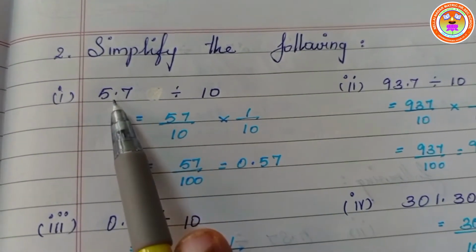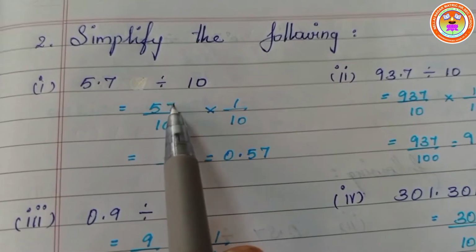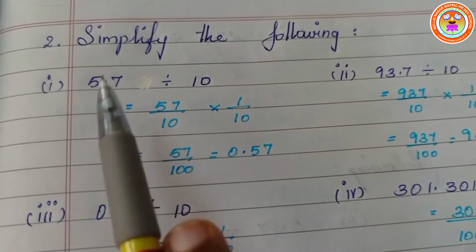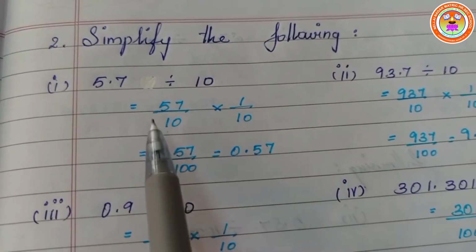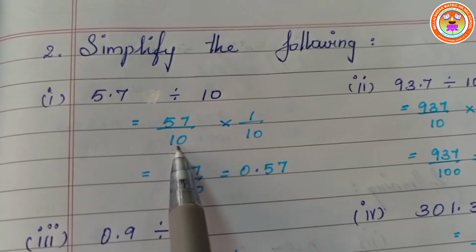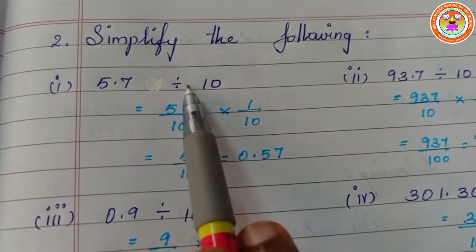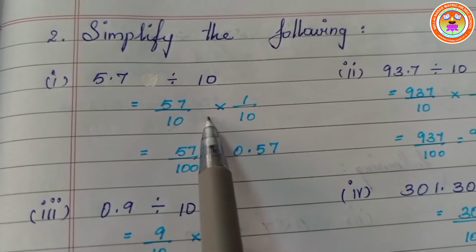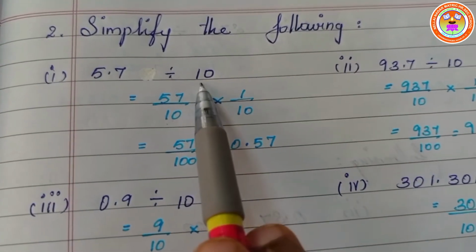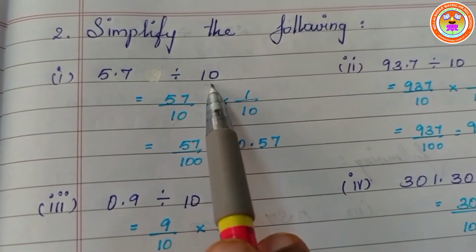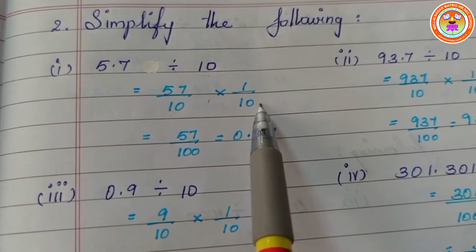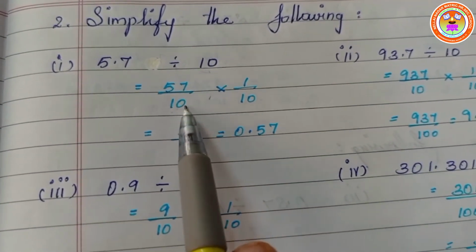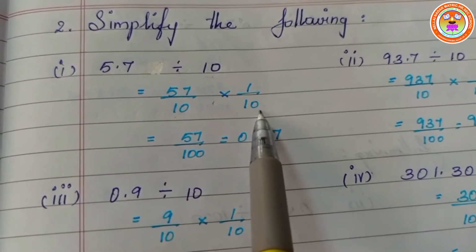So 5.7 is written as 57 by 10 because there is one place of decimal value. So we are dividing it by 10 and converting this division symbol into multiplication. Also taking the reciprocal of 10, it is 1 by 10. So 57 by 10 into 1 by 10.